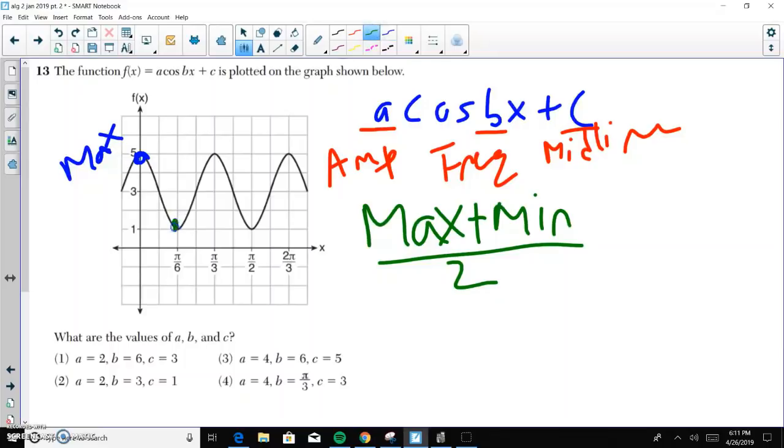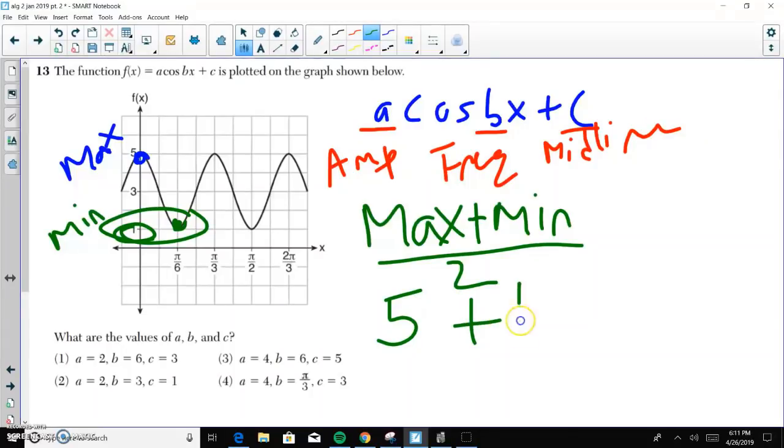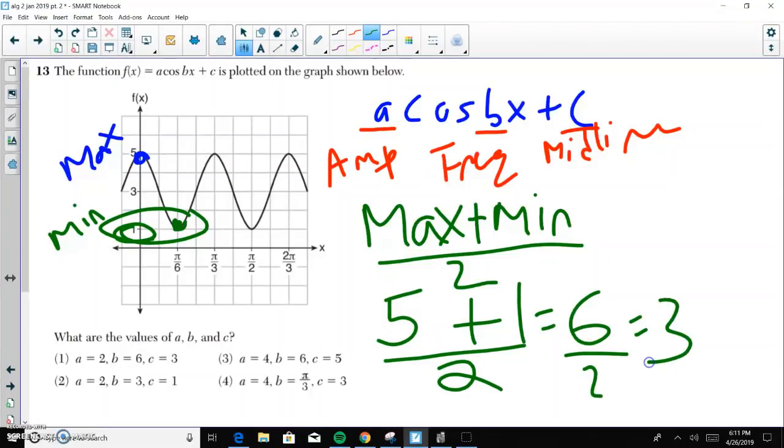And this is the least y value, so it'll be called the min. So the max is 5, the min is 1, and then you divide that by 2. So 6 over 2 equals 3. So we know it's either going to be choice 1 or choice 4. We could cross out 3 and 2.